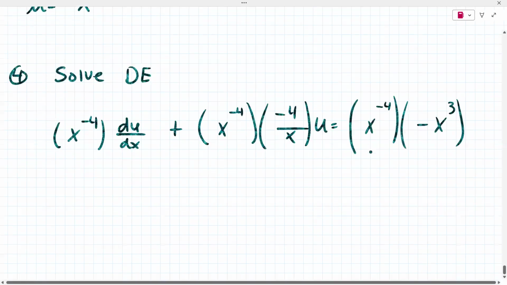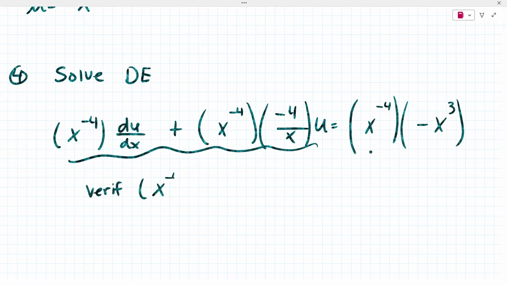Now we have to verify this left side is the product rule of x to the negative 4 times u.